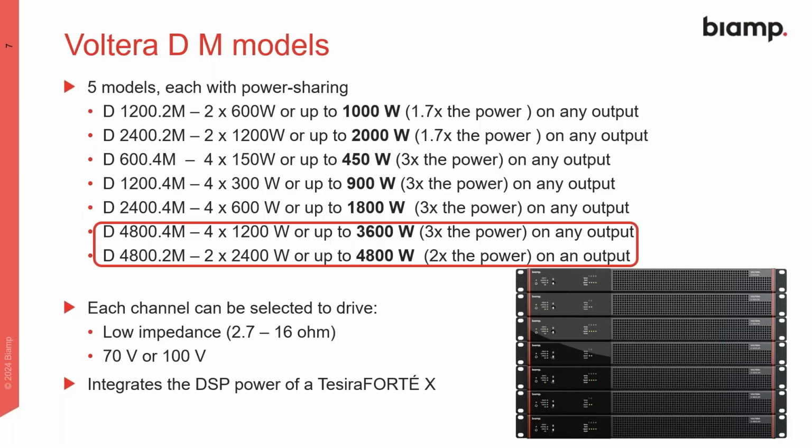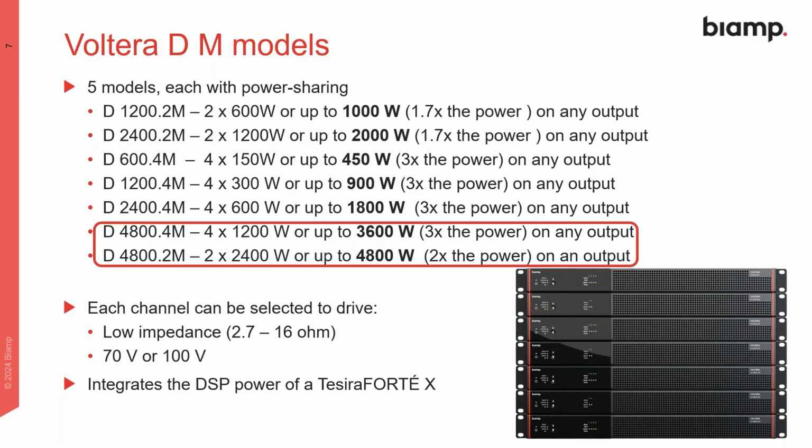And if you do need all the output out of one channel, the 4802M is the one that will give that to you. Whereas the 4-channel versions, you can get up to 3.6 kilowatts out of each channel through power sharing, but the 4-channel units don't allow you to get that full output that you can with the 4802M, which might be required for your larger subwoofer systems.